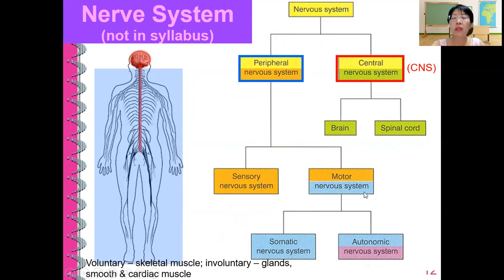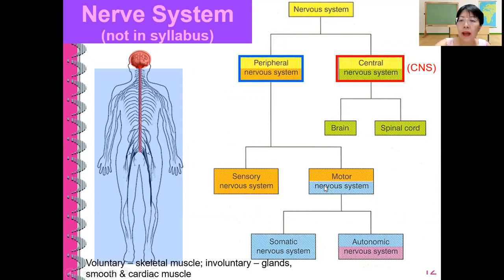Whereas the motor nervous system is made up of motor nerves, and motor nerves are made of motor neurons. Motor neurons send electrical impulses from your central nervous system, CNS, to the effectors. The effectors usually are the muscles, sometimes can be glands as well.